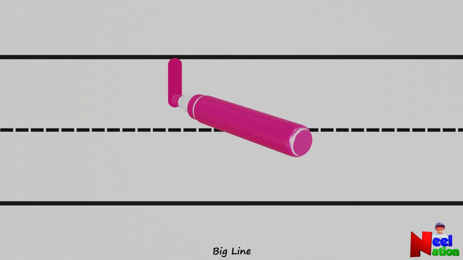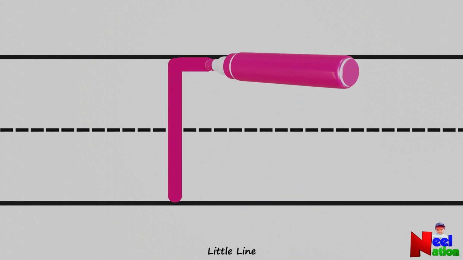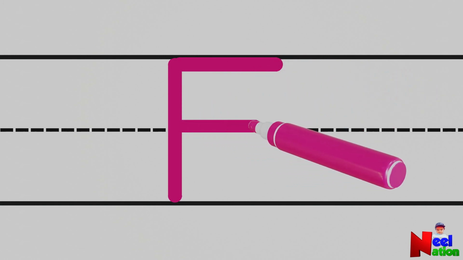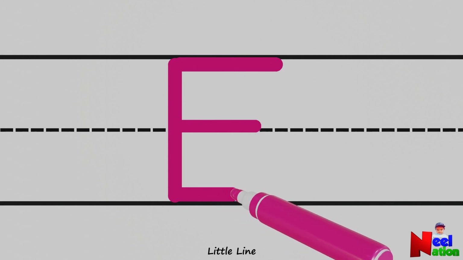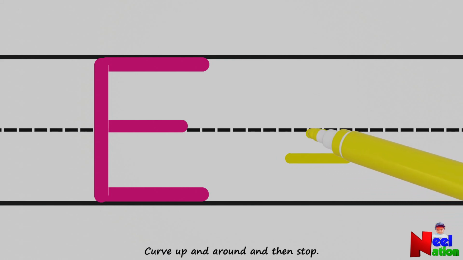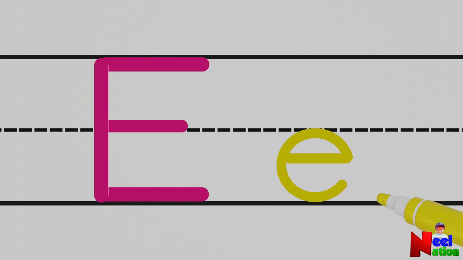Big line, little line, and little line. Uppercase E, little line, curve up and around, and then stop. Lowercase e. Here you go!